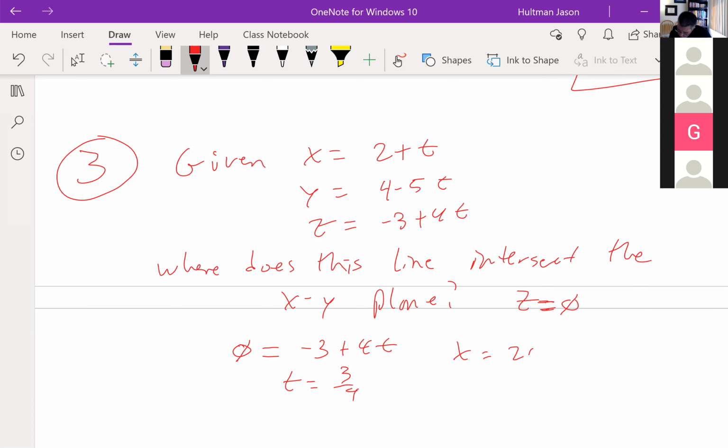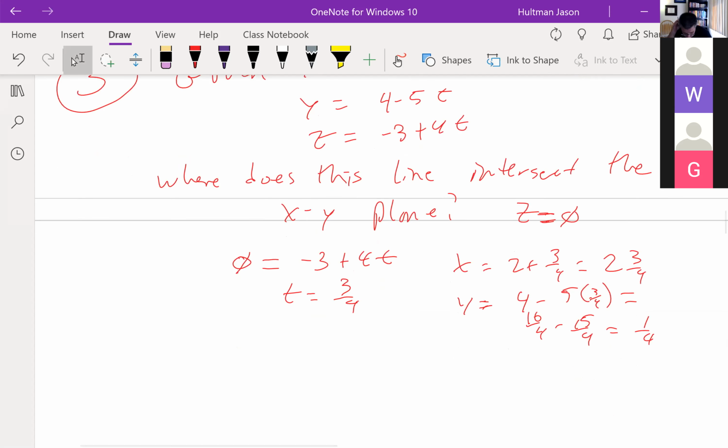Isn't x equal to 2 plus 3/4, or 2 3/4? Isn't y equal to 4 minus 5 times 3/4? Okay, which is equal to what? 4 minus 15/4. So 16/4 minus 15/4 is 1/4.